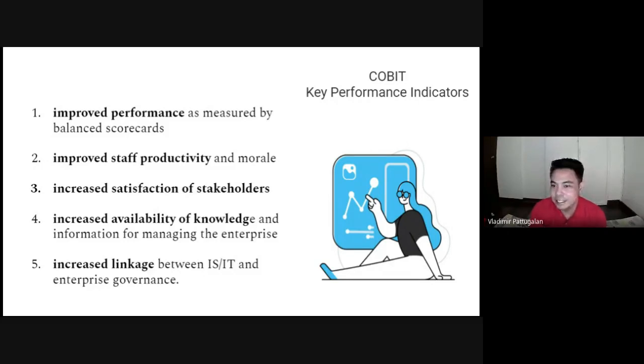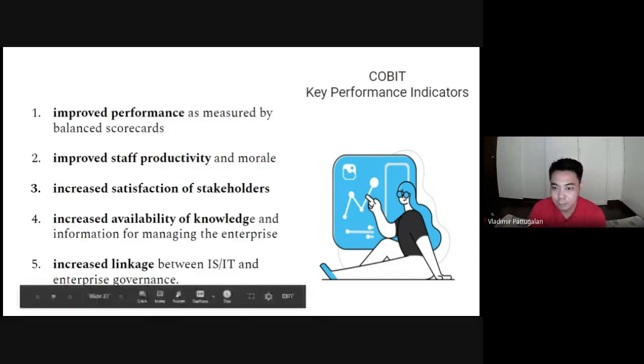And the next is improved staff productivity and morale. So the third is increased satisfaction of stakeholders. Fourth is increased availability of knowledge, of course, in managing the systems. And the fifth is increased linkage between IS and IT enterprise governance.